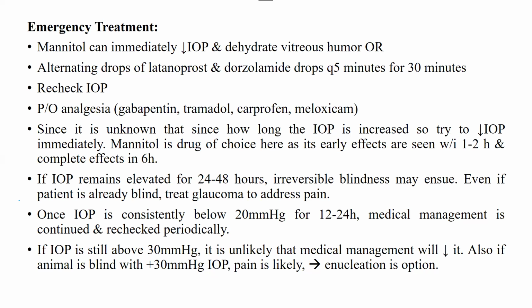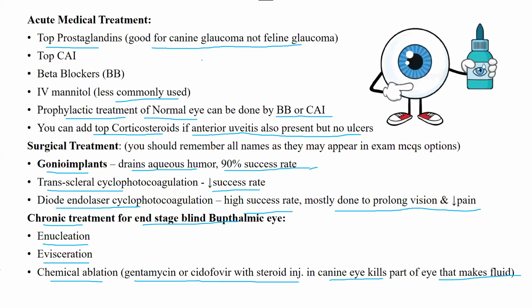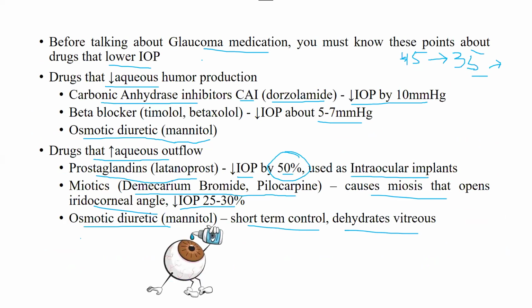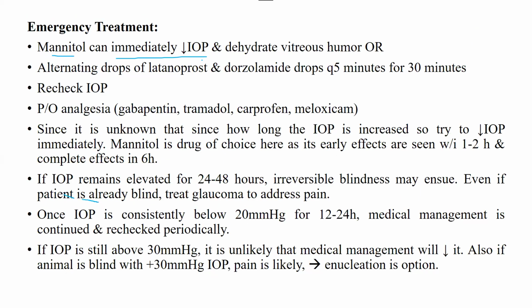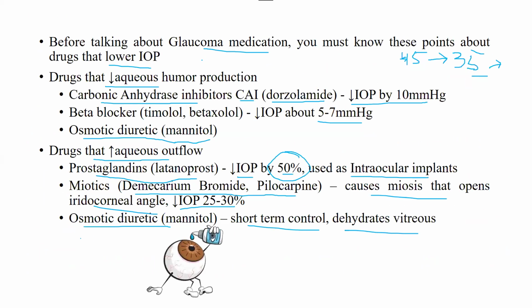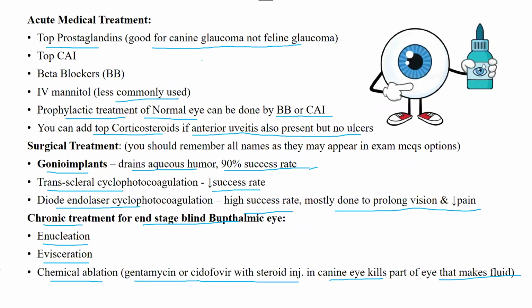Next is the emergency treatment. In the emergency treatment, the first line can be mannitol that can immediately drop IOP. Now you can see in this slide, although prostaglandins are one of the most effective, they decrease IOP by 50%, but quicker than the prostaglandin, mannitol will act in less time.